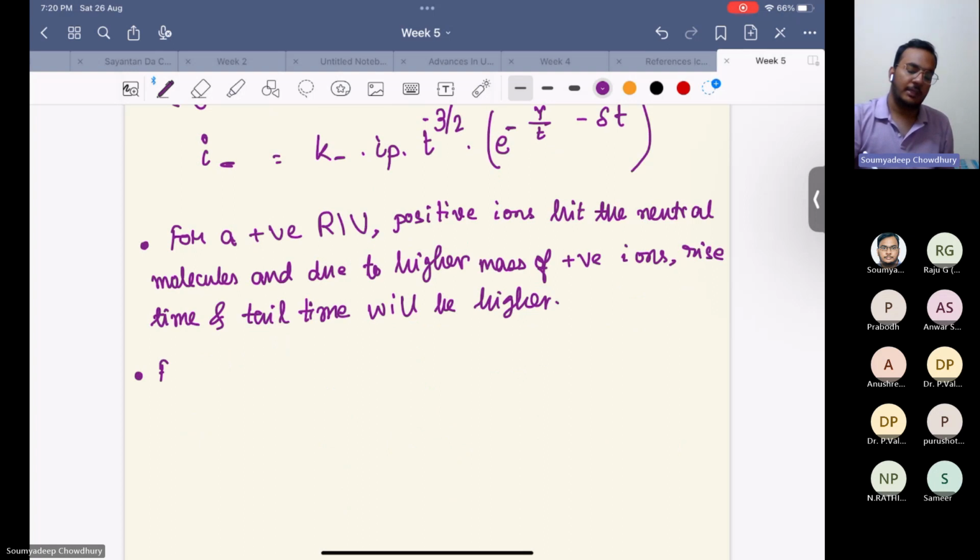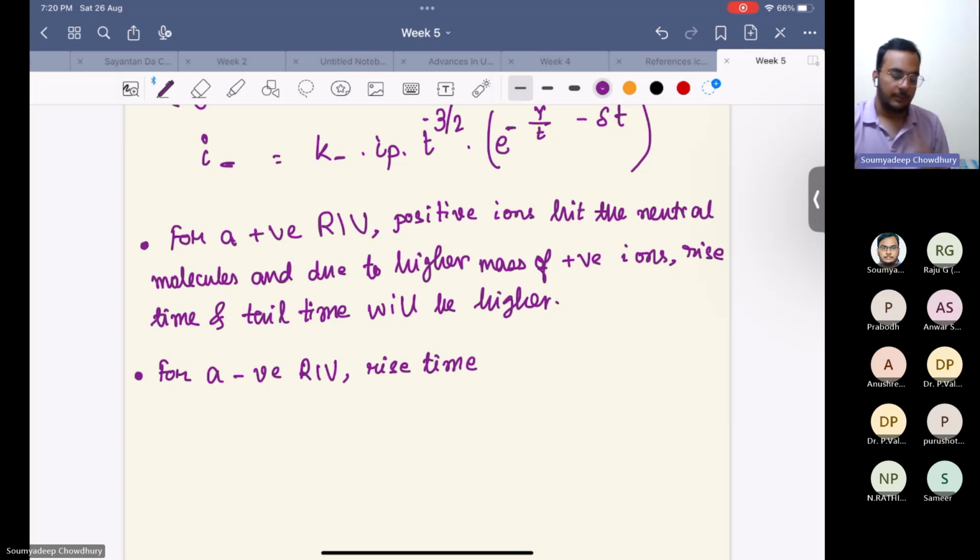Whereas for a negative RIV pulse, these are the different characteristics which have been observed based on experimental results.